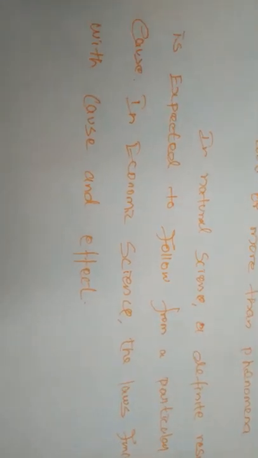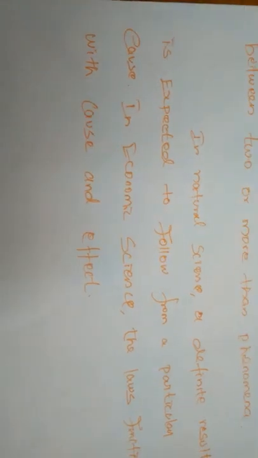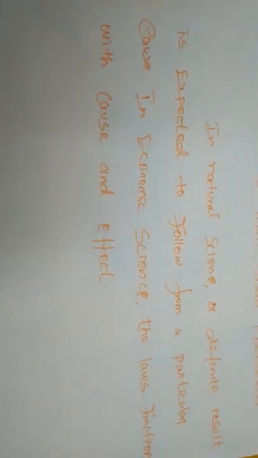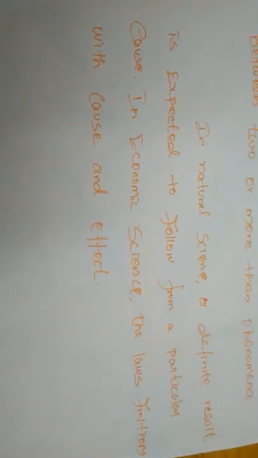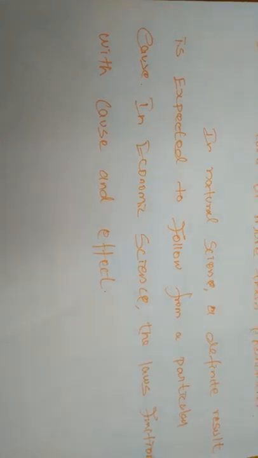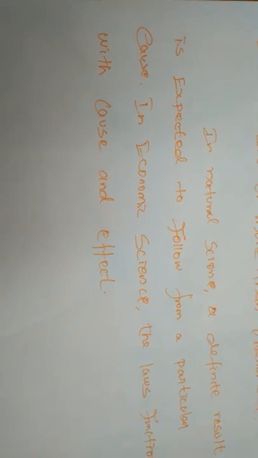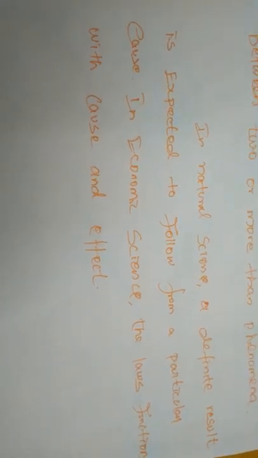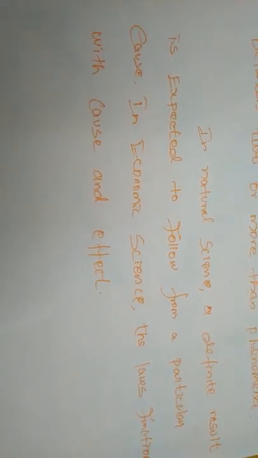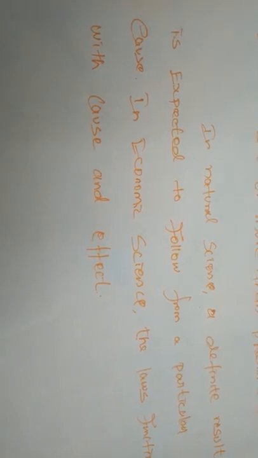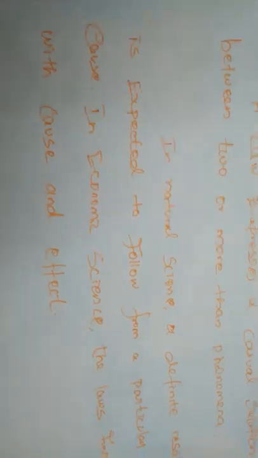But in economics, it is not like that. Demand will change on the basis of time, political situations, and human activity. So the laws of economics will never be equal to the laws of science.